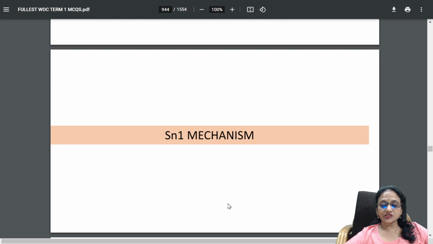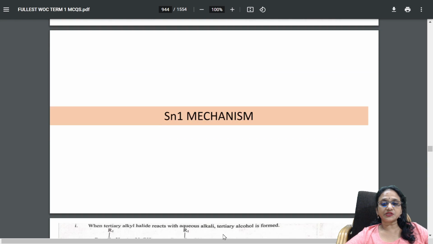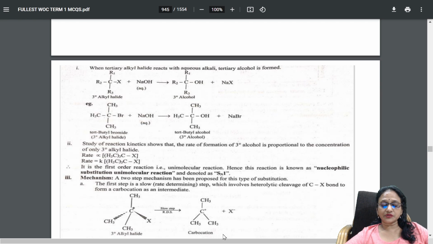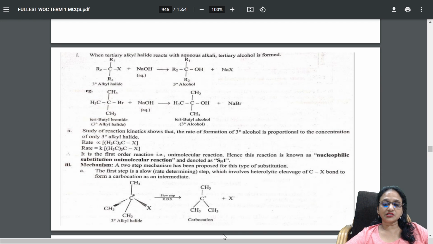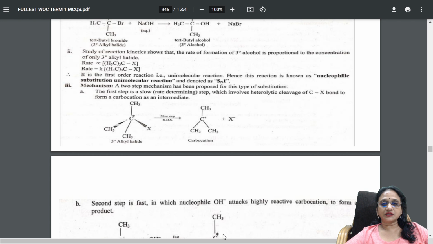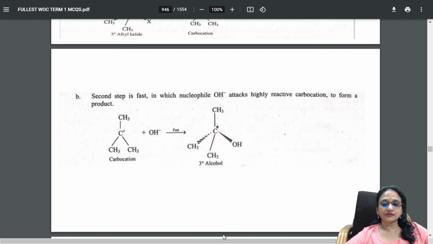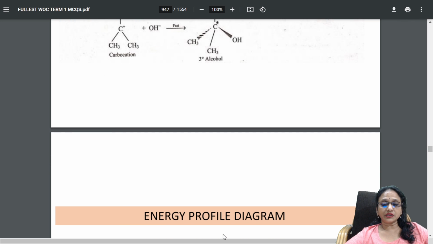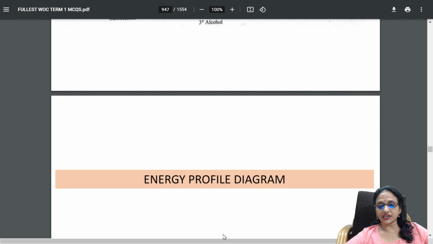Gradually the SN1 mechanism. What are the steps in this, what is the mechanism, what is the two-step process, and how is the tertiary carbocation formed? And the important thing is the energy profile diagram.